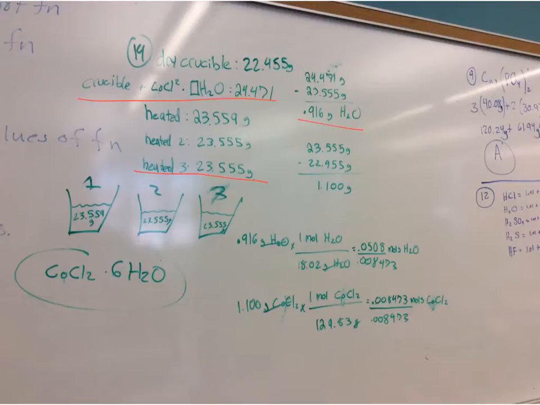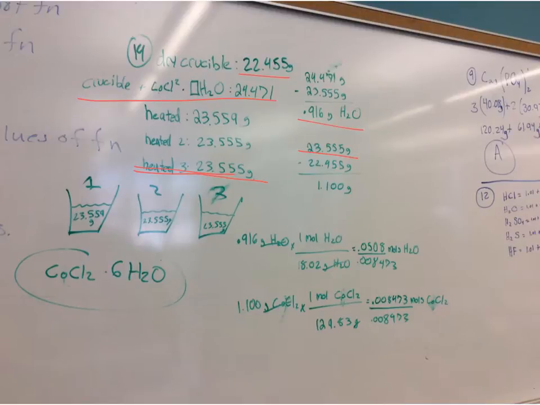And then you do the same thing, but this time you're doing this by that, and then subtract that from the dry crucible, and you get 1.100 grams cobalt-2 chloride.